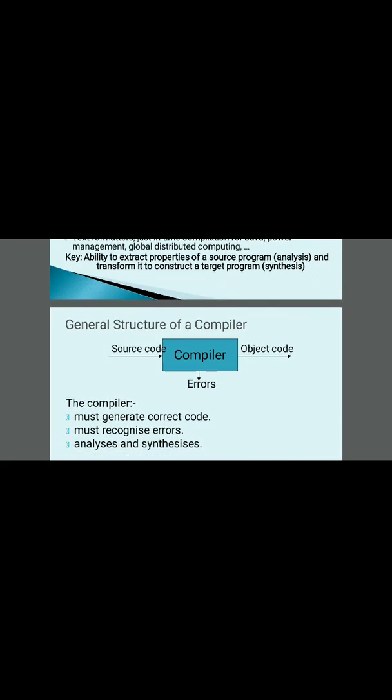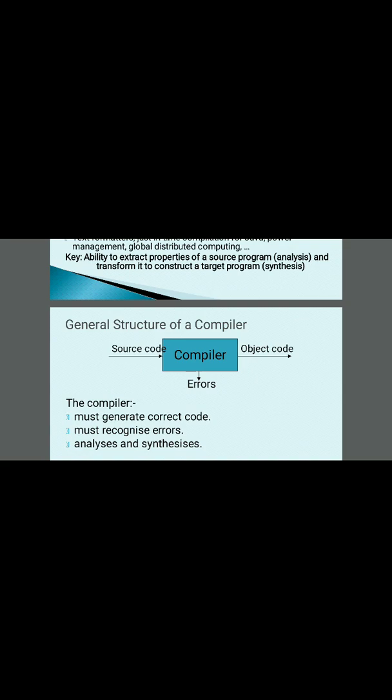So in general, what we have seen in the earlier slides, if you want to see this in the form of a diagram, the compiler is just like a box, and you have to explore this box and see what is in it. This compiler takes input as source code.